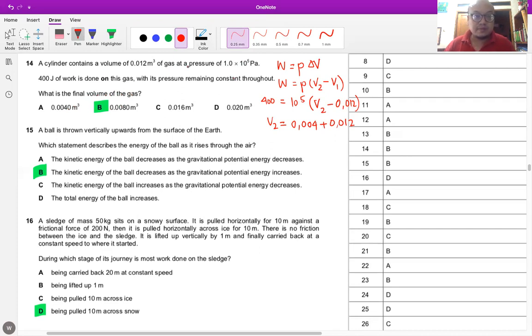Contains volume of gas, pressure of 10^5.